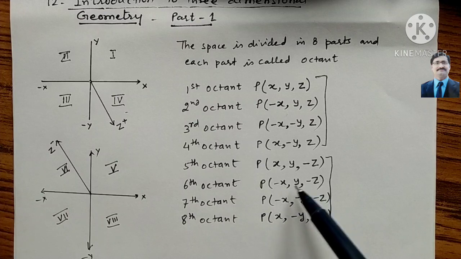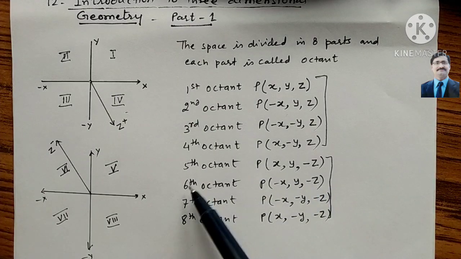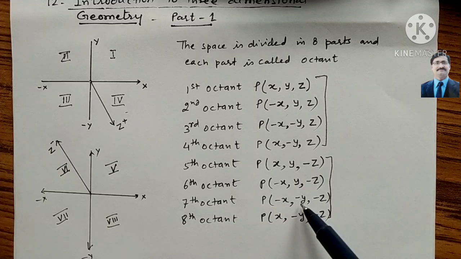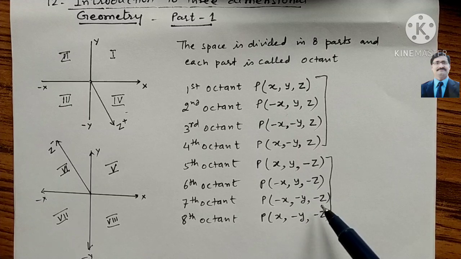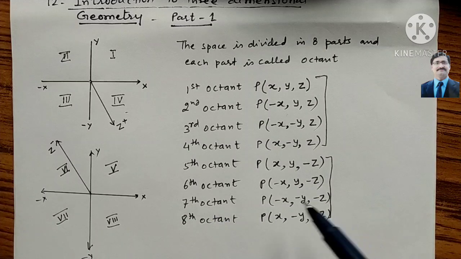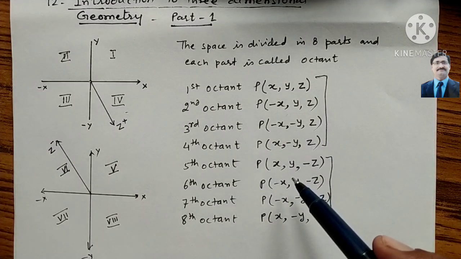This is the second quadrant, but z is negative, so we add 4 and get the sixth octant. X and y negative means the third quadrant, but z is negative, so we add 4: third plus 4 is the seventh octant. Here x is positive and y is negative, so this is the fourth quadrant, and z is negative, so we add 4 and this is the eighth octant. So you can identify the octant here.